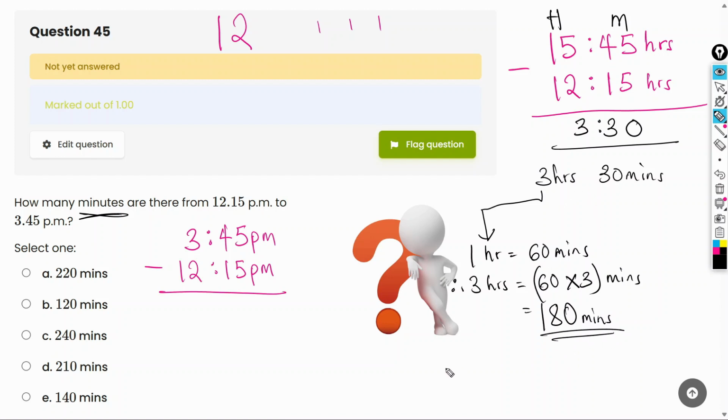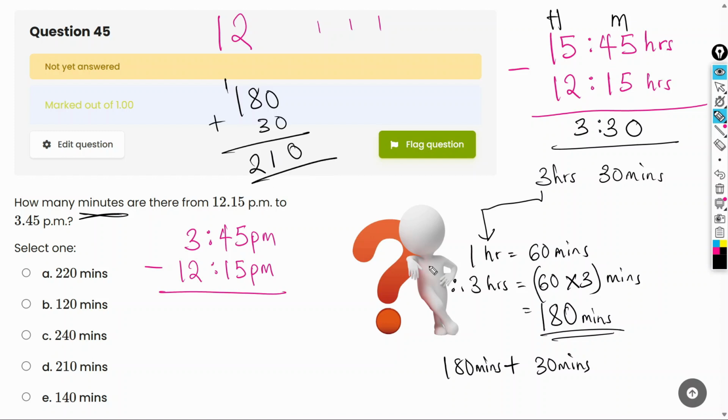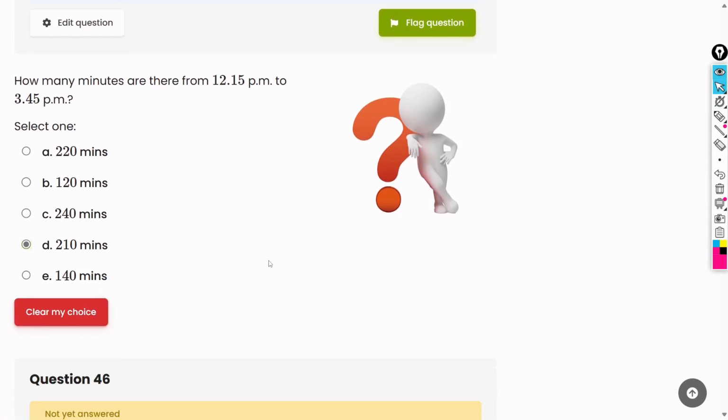Now, in all, we have 180 minutes plus 30 minutes. 0 plus 0 is 0. 8 plus 3 is 11. So 1 carry 1. That's 210 minutes. Right here.